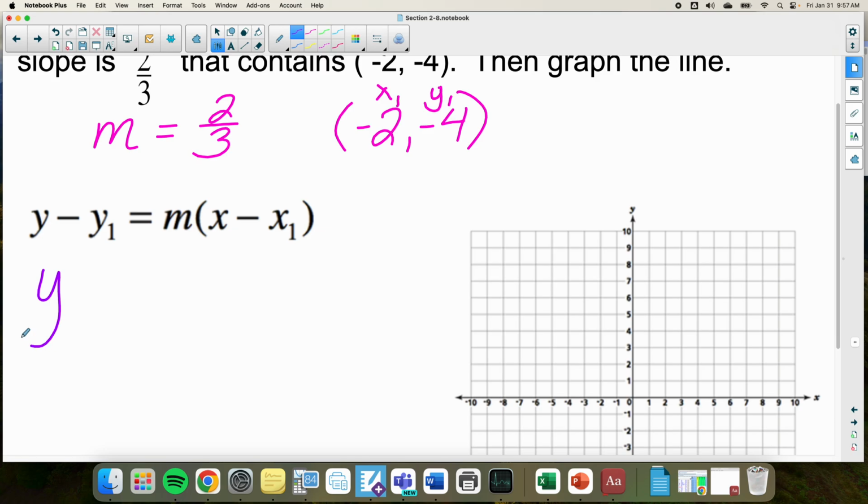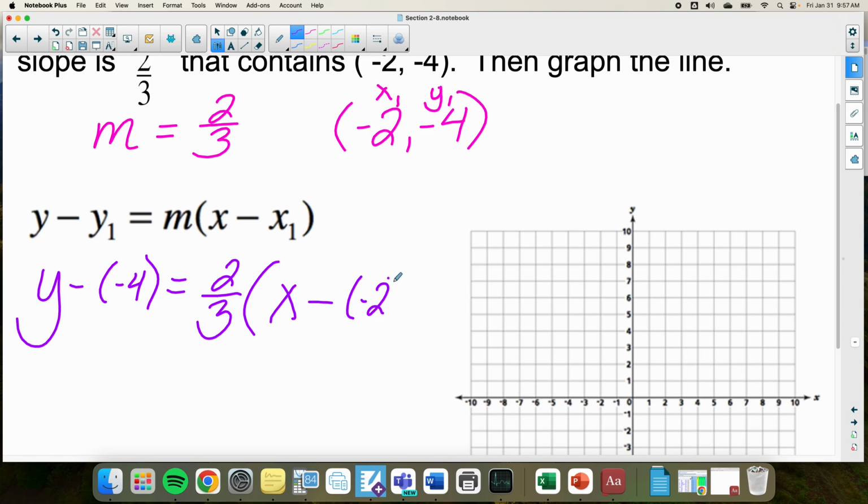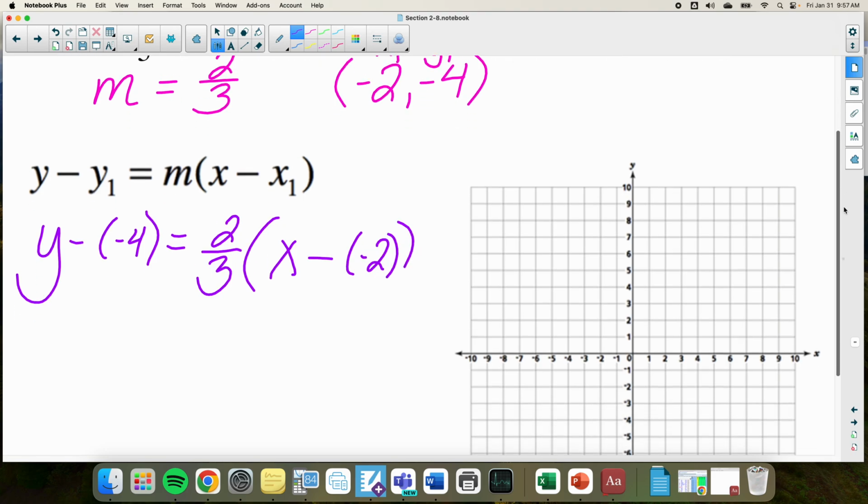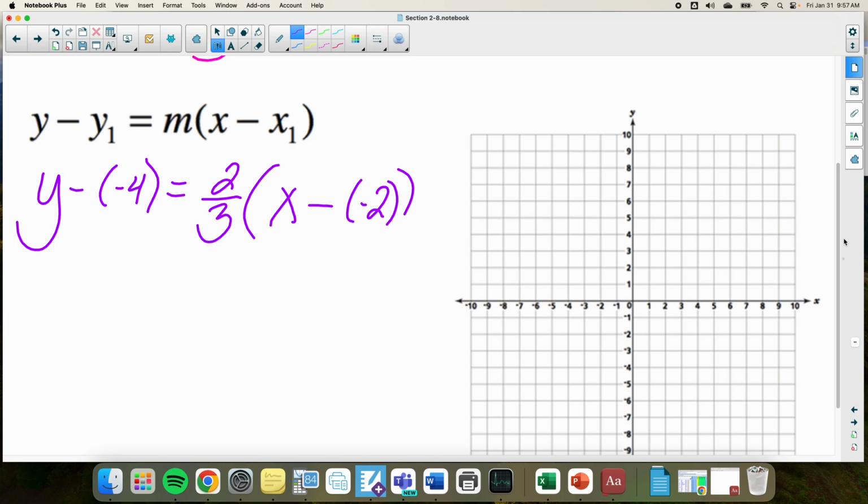So I'm gonna go y minus y1 is a -4 equals m is 2/3, and then it's x minus x1 is a -2. Okay? Then, two negatives in a row become positive.